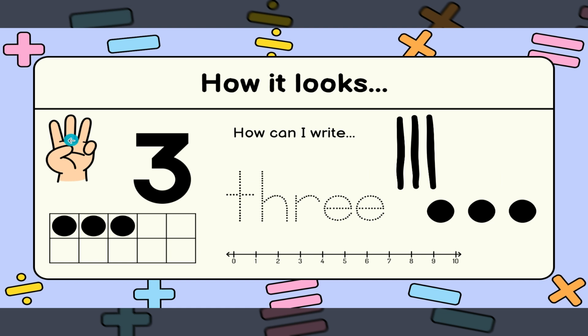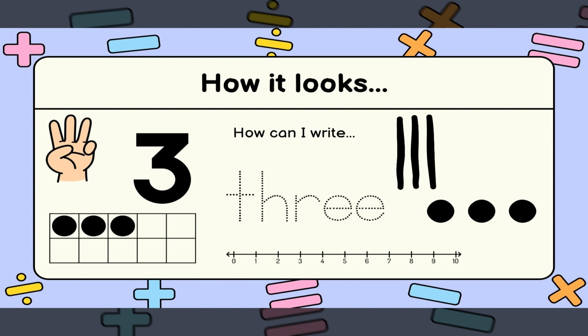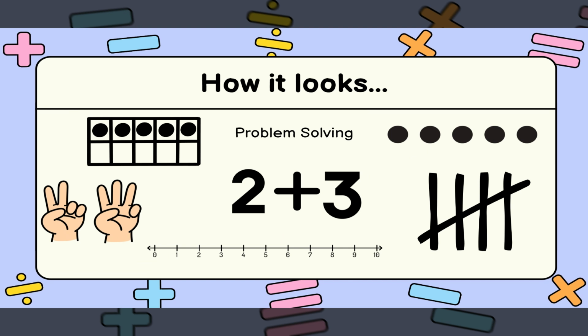Well, we can show our fingers, we can do tally marks, we can do word form, we can draw a picture, we can do a tens frame, or we can show it on a number line. And when I show it on the number line, I do make the bounces so they can see what that looks like. This is really important that they know how they can show three or how they can show the numbers in different ways because that builds onto problem solving.